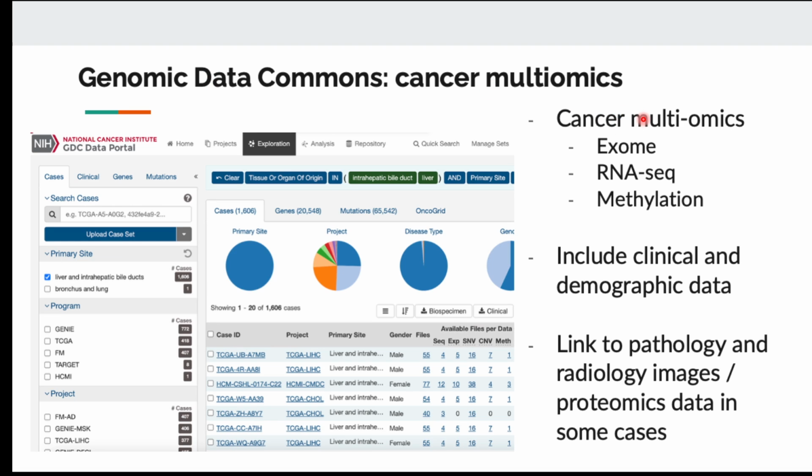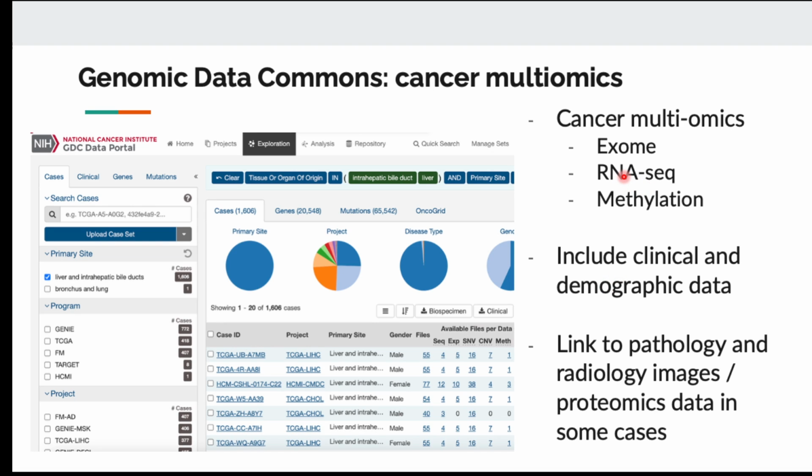You can find exome sequencing data, RNA sequencing data, and DNA methylation data on this platform for many types of cancers. And if you are lucky, in some cohorts, in some studies, they also provide the clinical data and the demographic data. So you can even analyze the survival profiles of patients from different cancers with different transcriptomic profiles, for example.